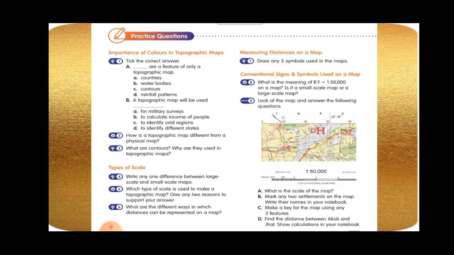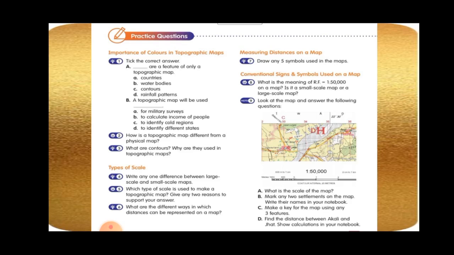So calculations should be based on the scale, and the scale is 2 centimeter is equal to 1 kilometer. The distance can be calculated by finding out the distance between Akali and Zat using a divider, and further aligning the divider along the scale or calculating using the given scale.